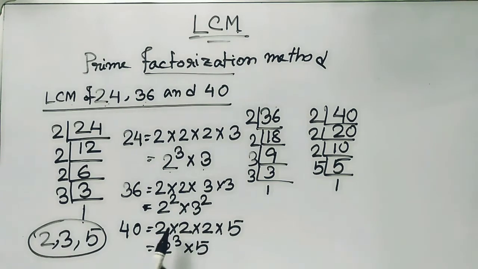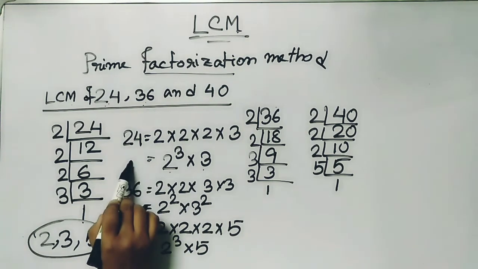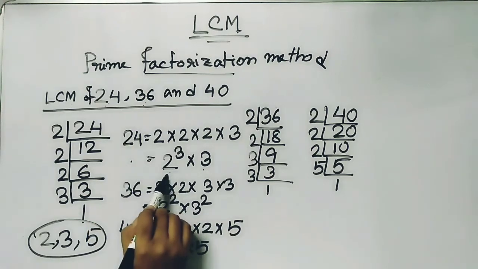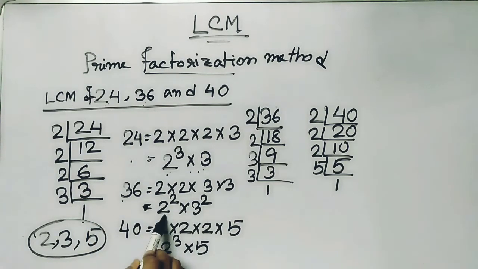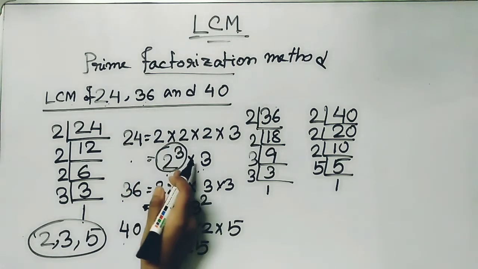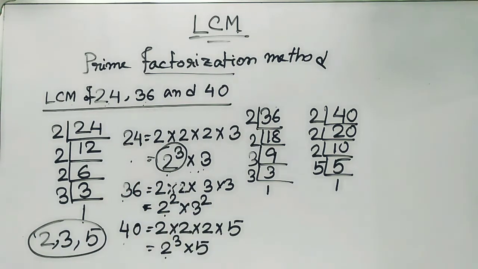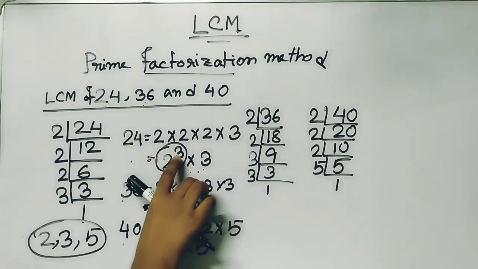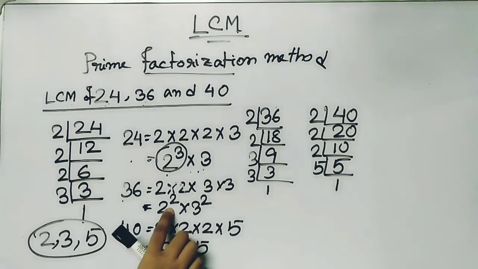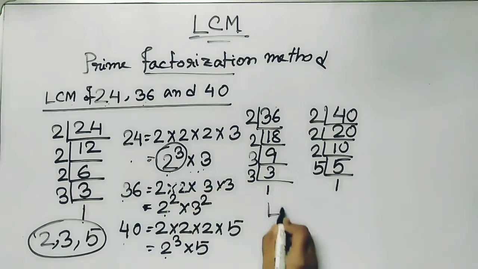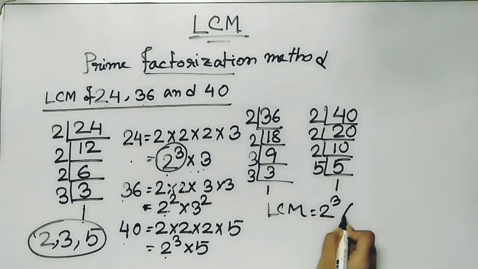In 24, 2 cube into 3, in 36, 2 square, and in 40, 2 cube. So we have to take 2 cube once, because cube 3 is greater than 2. So we take 2 cube into the next prime factor 3.